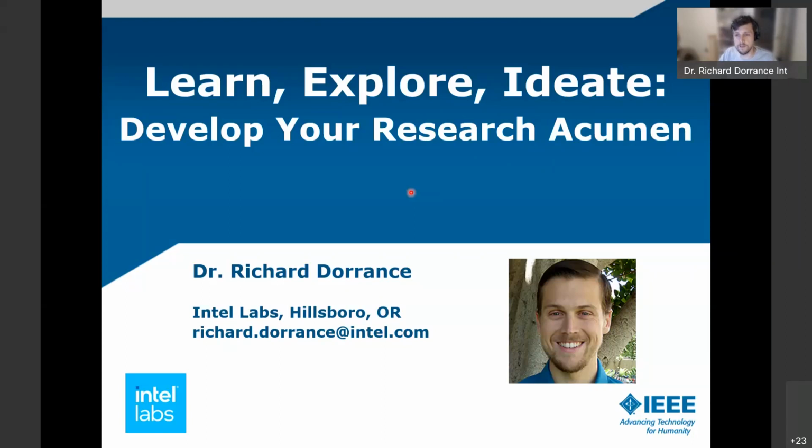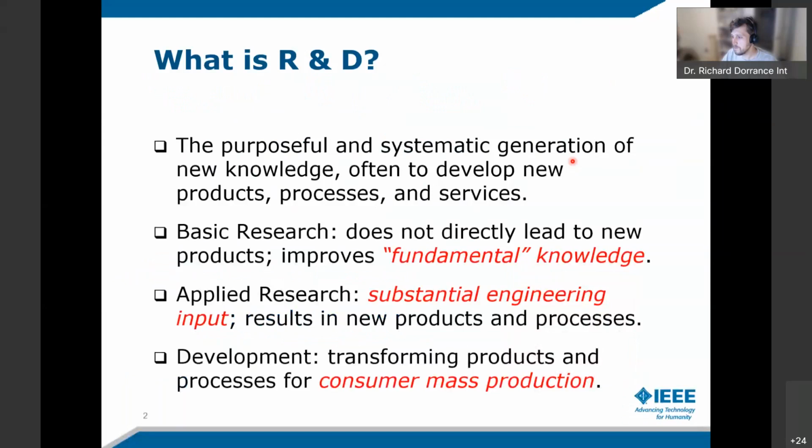This talk is a little different from what I normally think of as a very good talk, which has very little text and a lot of pictures, and tends to be self-explanatory. It's going to be a lot of text because it's about research, and sometimes research can be a little dry like that. But I'm going to see if I can make this a little more interesting for all of you.